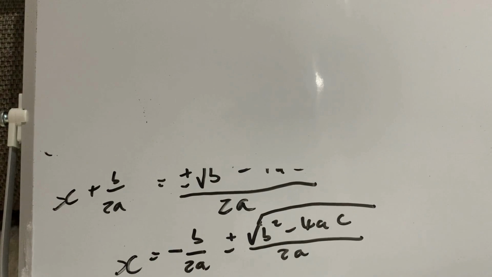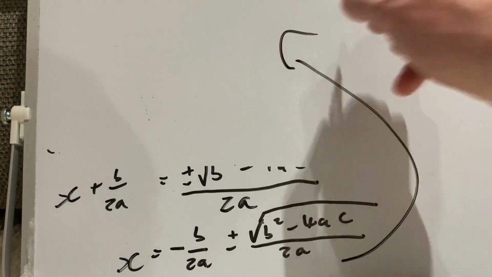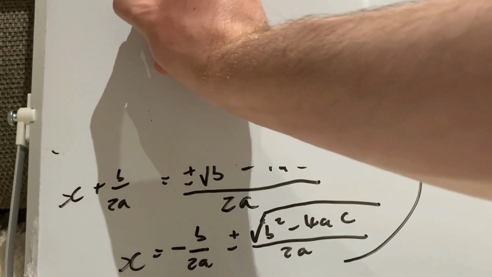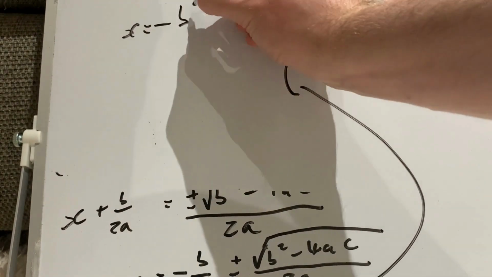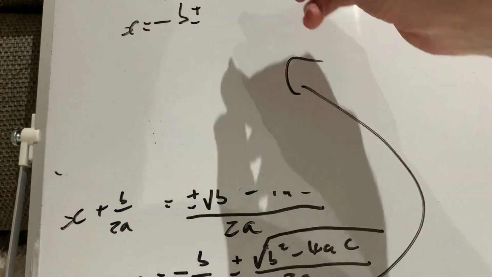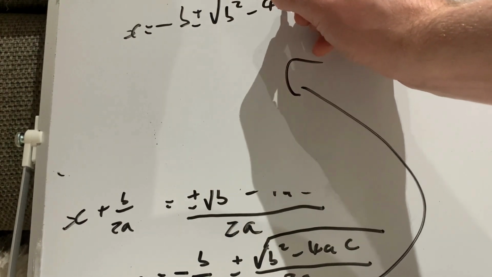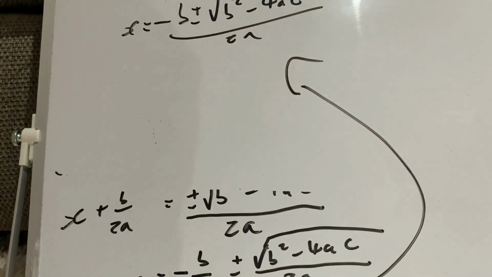So we've got, this is not very neat, but taking this up here, we're going to have x equals negative b plus or minus root b squared minus 4ac over 2a. Nice. So that is the quadratic formula. And we've derived it by completing the square.